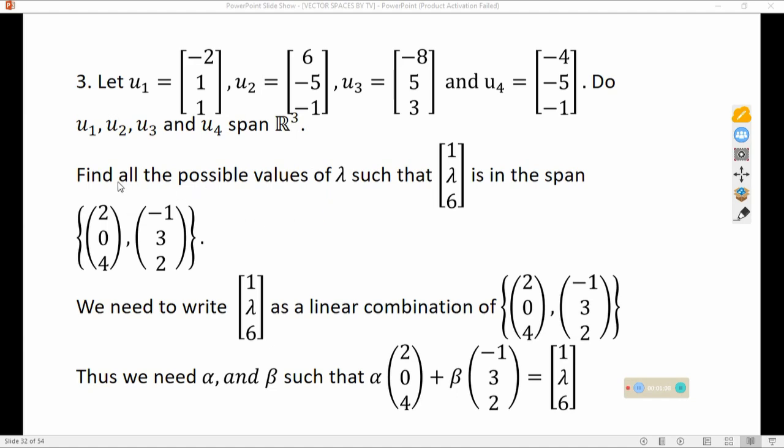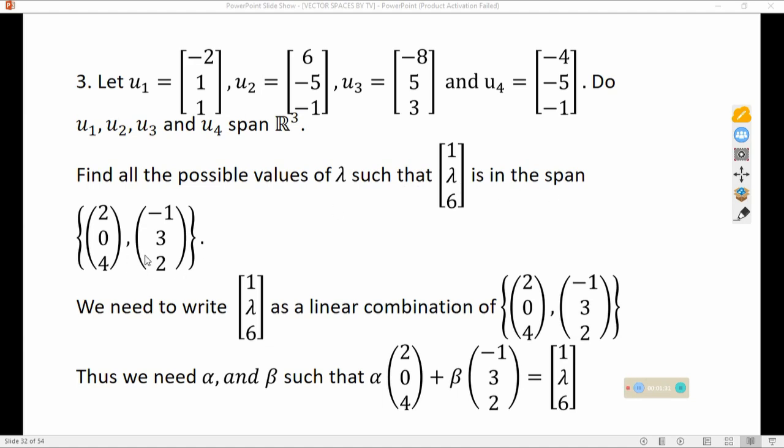Then the next question says find all the possible values of lambda such that this one here is in the span of this. If this vector is already in this span, it means this vector can be written as a linear combination of these vectors here, because they are saying this one is in the span of this.